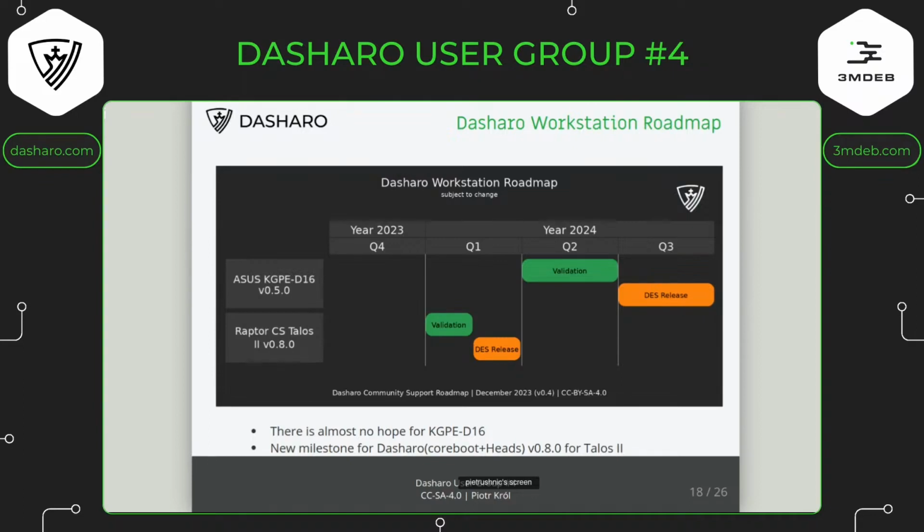But the very good news in workstation is that there is a planned Raptor Computing Systems Talos 2 release, version 0.8, and we plan to do this. I also made a mistake here because it would not be a dev release. This will be a community release with publicly available binaries. So I definitely made some typo in my Python scripts generating this diagram.